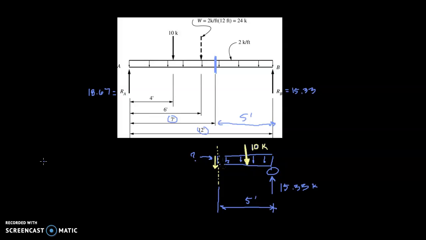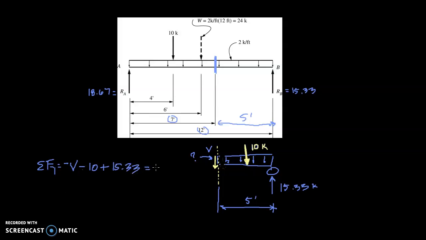So if I sum the forces in the y direction, it is going to equal, and I'll label this V for shear, the V shear going down, minus 10, plus 15.33.